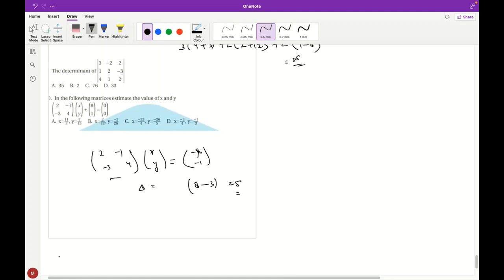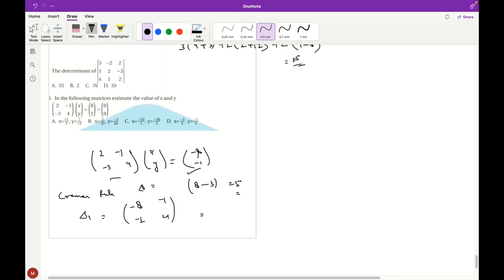Now in Cramer's rule, you know that delta 1, what is delta 1? In the first column you have to replace by this vector, and the other one remains the same.